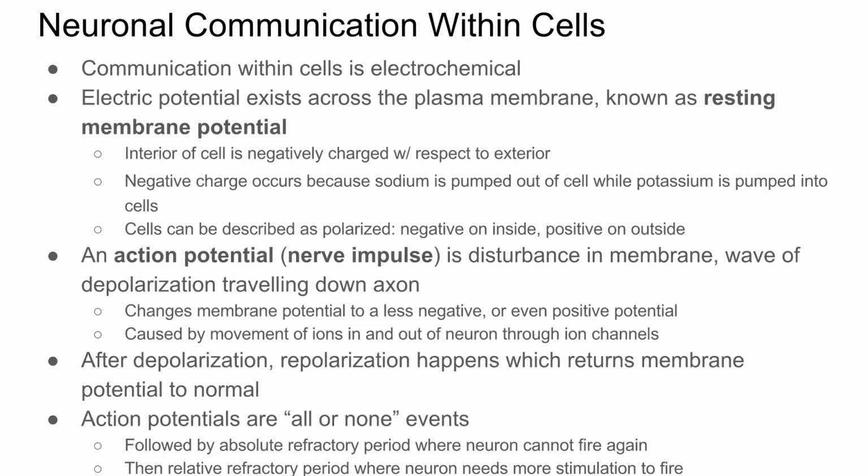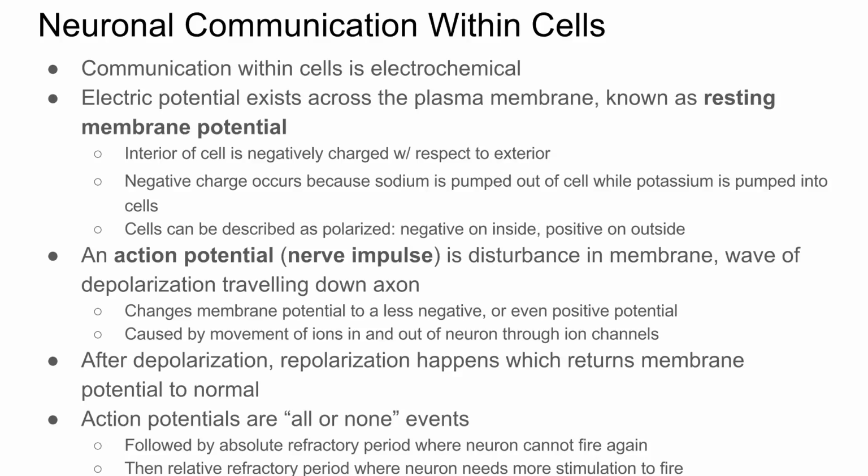Essentially, in neurons there's an electric potential that exists. This is known as resting membrane potential. It exists because the interior of the cell is negatively charged with respect to the exterior. That occurs because of the exchange of two important ions: sodium and potassium are the two chemicals we're dealing with here. Sodium is pumped out of the cell while potassium is pumped into the cell. There are ATPase pumps that allow that to happen, and then there are leak channels that allow potassium to come in.